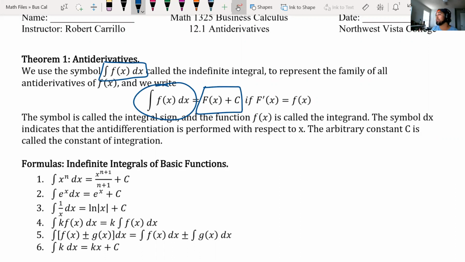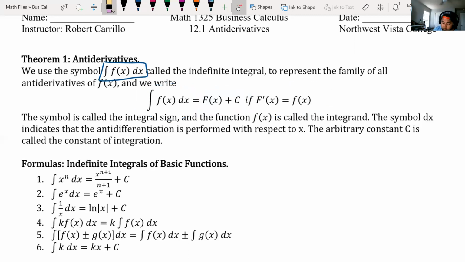So we need that c there. That c is called the constant of integration. And if you want to check your work to see if you did the antiderivative correctly, all you have to do is take the derivative and it should give you back the original function that we were working with.